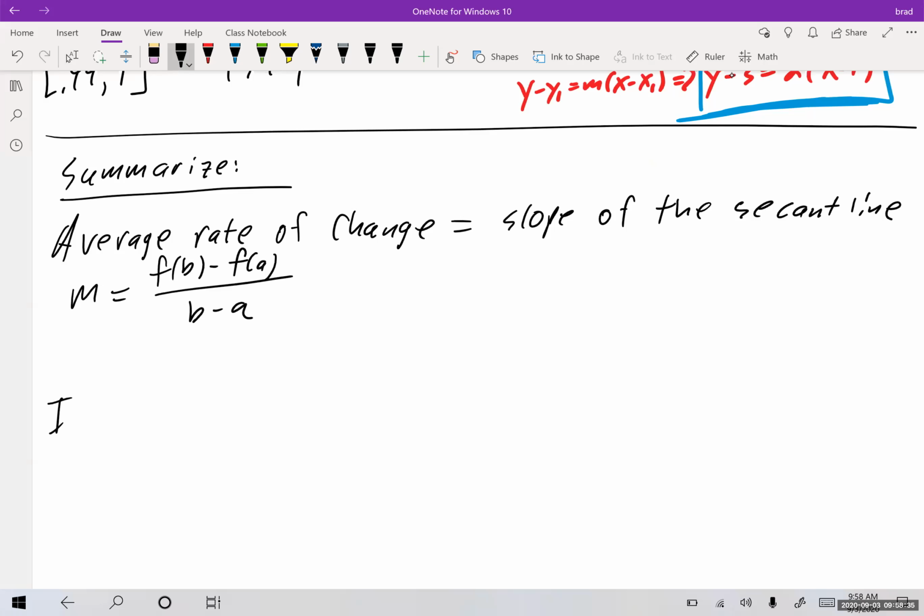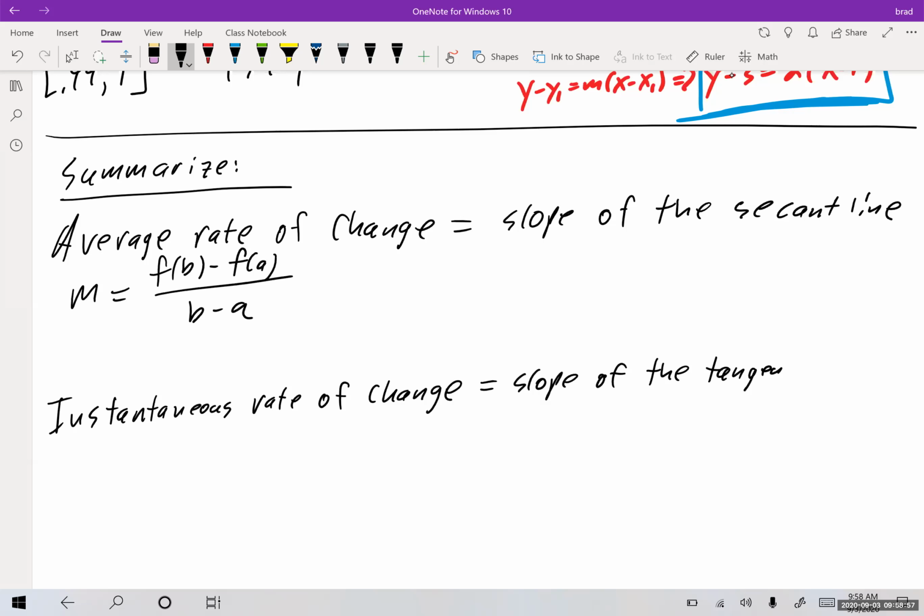And we know that instantaneous rate of change equals the slope of the tangent line.